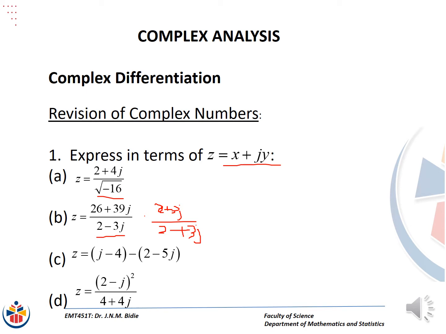So that means 5 minus 4j in the numerator divided by 4 plus 4j. And then you multiply by the complex conjugate of the denominator, which is 4 minus 4j divided by 4 minus 4j. And don't forget to simplify and write in terms of x plus jy.